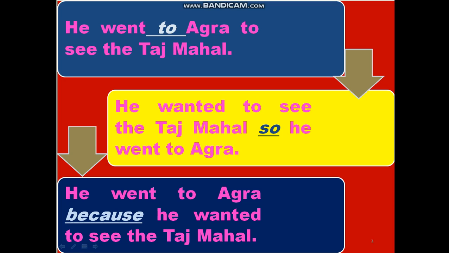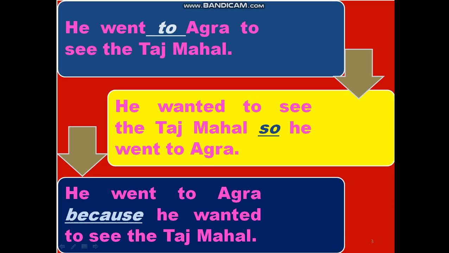Now look at the second sentence. It has two finite verbs. First, wanted, and second, went. So this is not a simple sentence. So what kind of a sentence is it? This sentence has two parts. One before so and one starting with so.